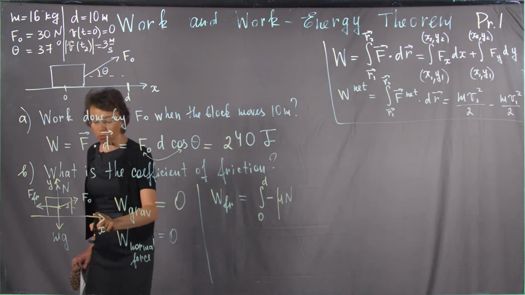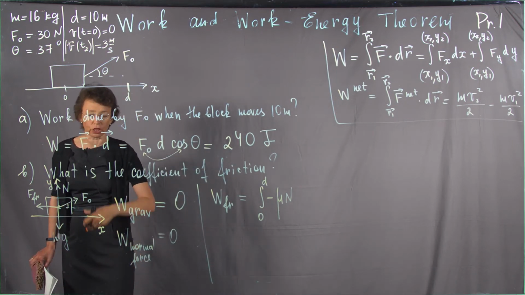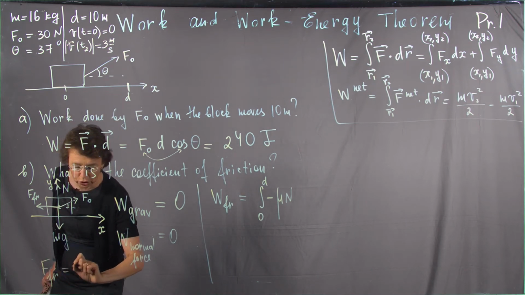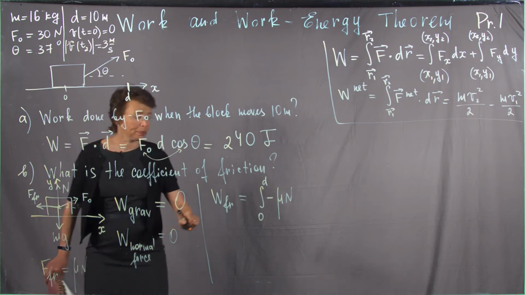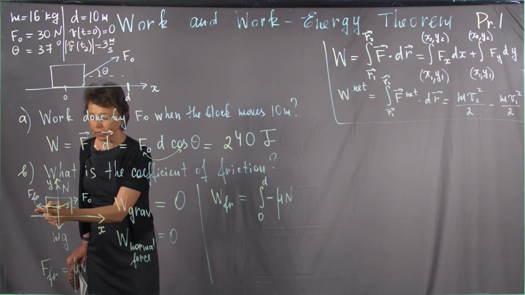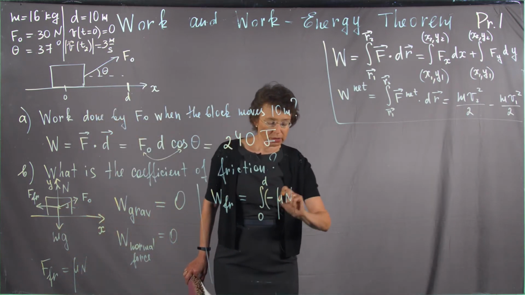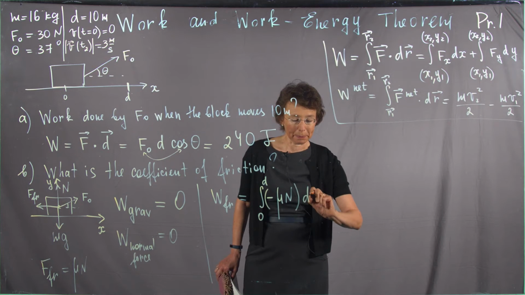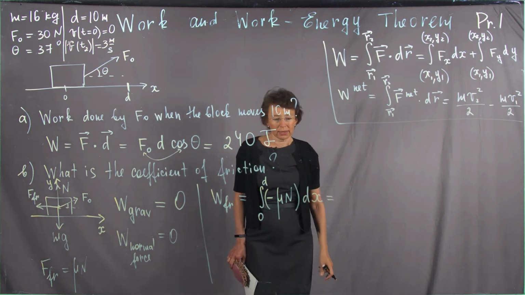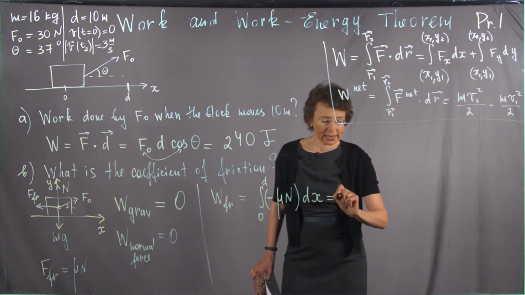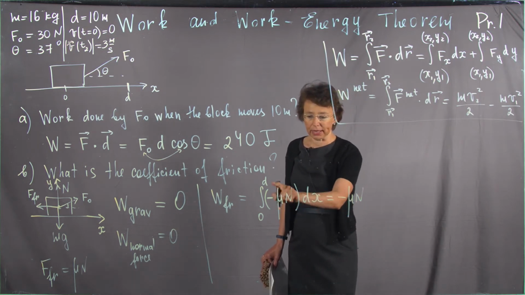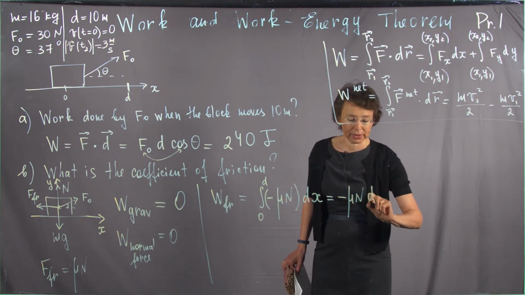The block is moving, the friction is kinetic friction, so magnitude of force of friction is mu n, and projection is negative because my x is to the right and force of friction is to the left, so it is minus mu n dx. Nothing depends on x, so I take mu n out of integral and plug in the limit. D minus 0 is d.